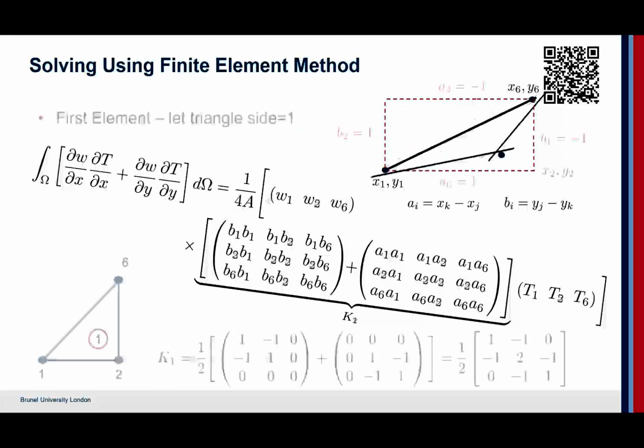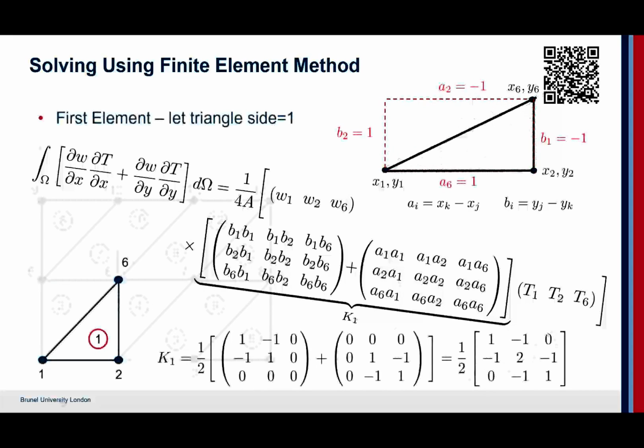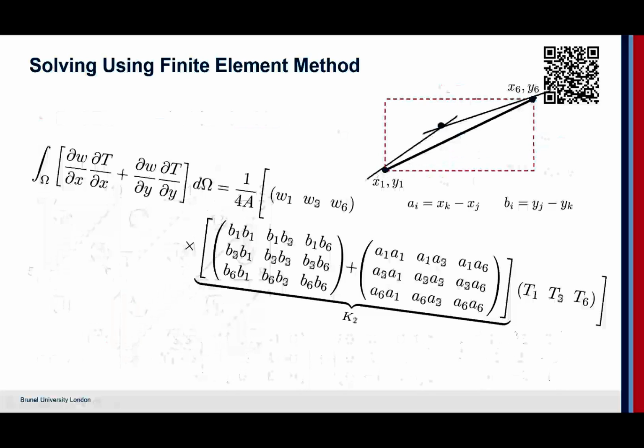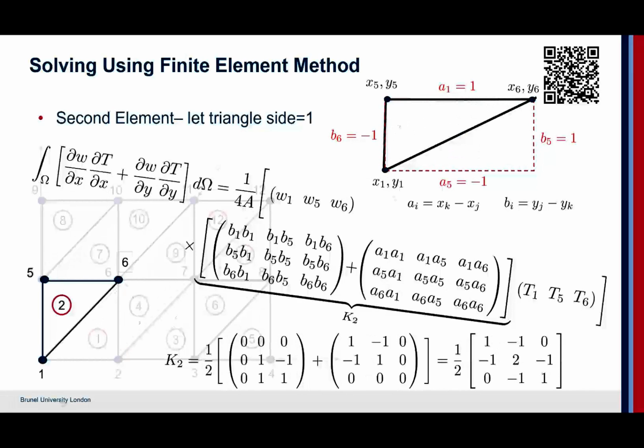But the key thing to note is the form of the matrix we get for that triangle and that triangle is identical. So this right hand side is the actual form of K1, and you'll notice that K2, which is for the next triangle here, is identical. So what this means is that the expression for K is identical for every single triangle.